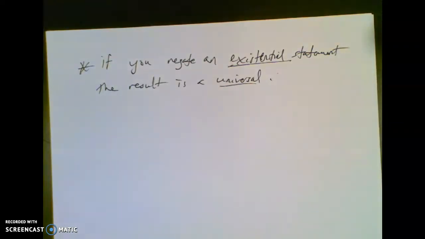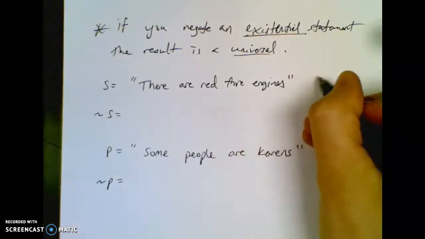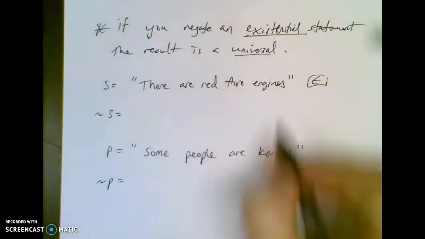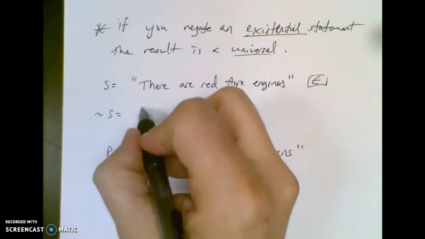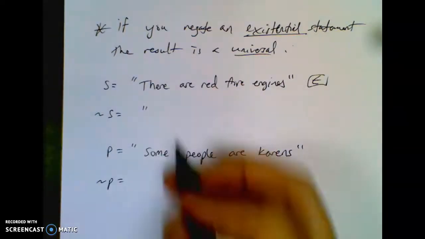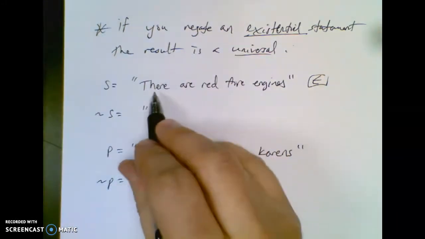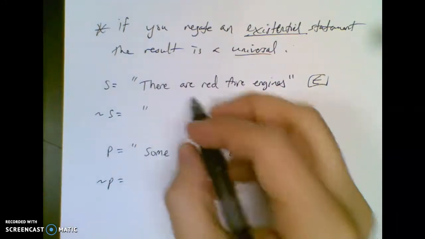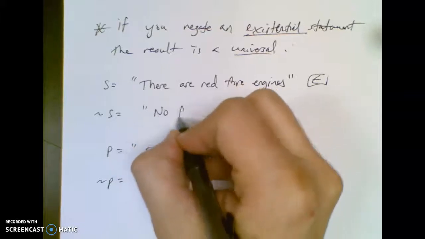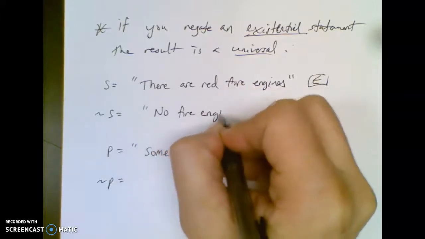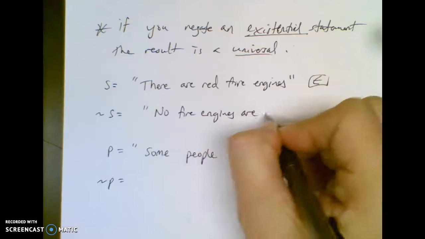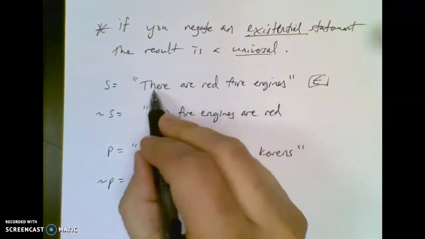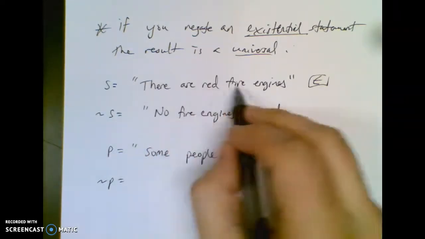Let's try out some. Here's an existential statement: there are red fire engines. The negation of that would have to be universal, and you could say there are not red fire engines, or you can say no fire engines are red, because you're saying there exists at least one red fire engine.